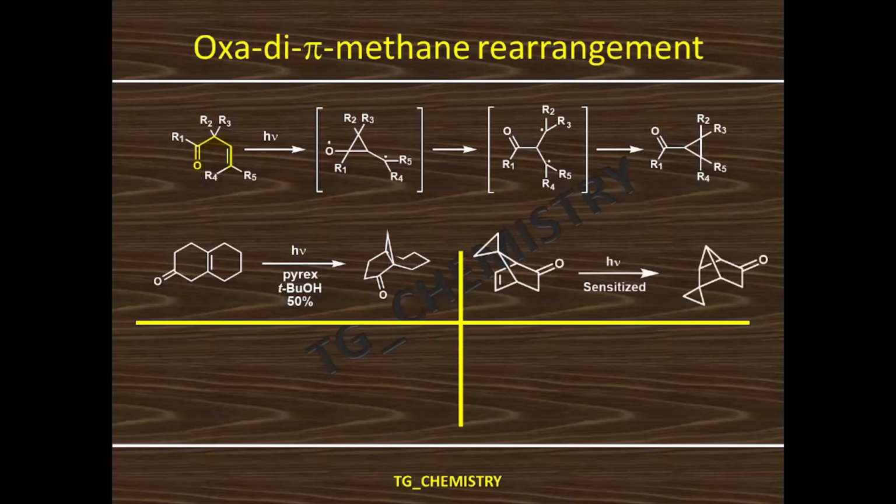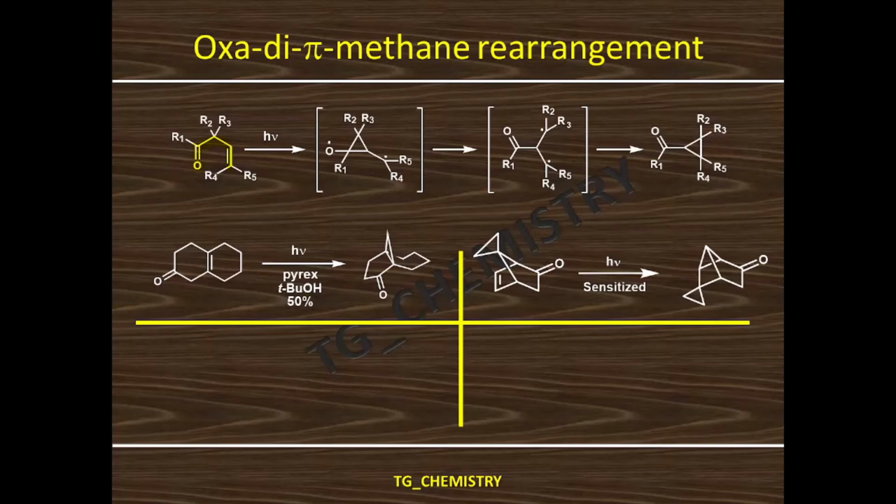Another example is this one, a bicyclic system having a cyclopropane ring already in the structure, and this di-pi-methane rearrangement will proceed in the presence of a sensitizer to produce the cyclopropane fused bicyclic systems.